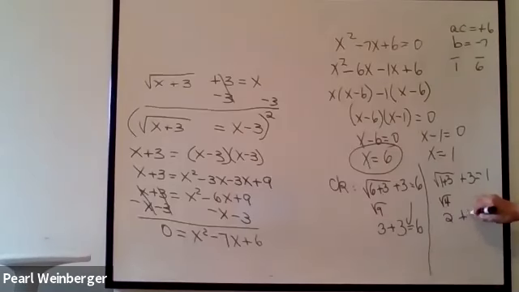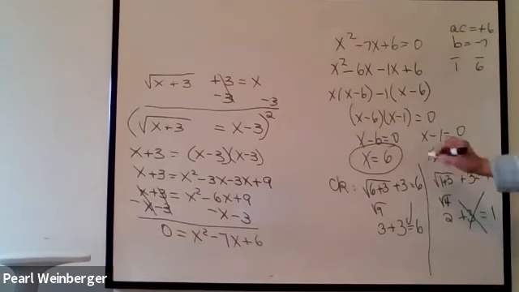And this gives me 2 plus 3 equals 1, which is obviously incorrect. In other words, this answer is no good. It is an extraneous root. So the only solution to this equation is x equals 6.